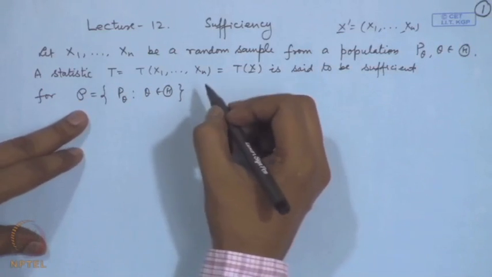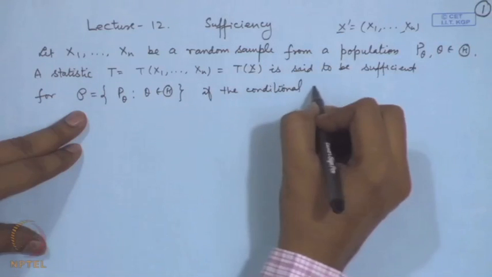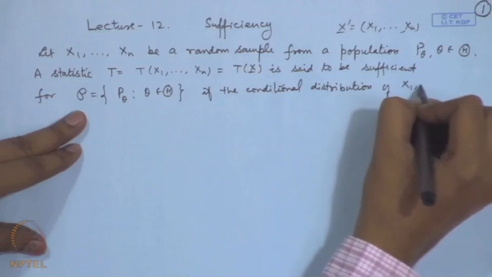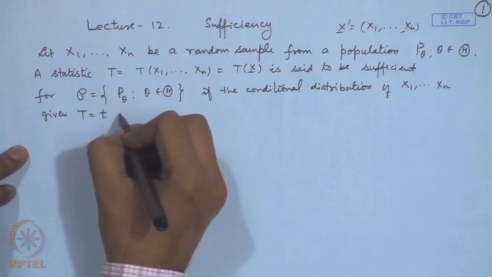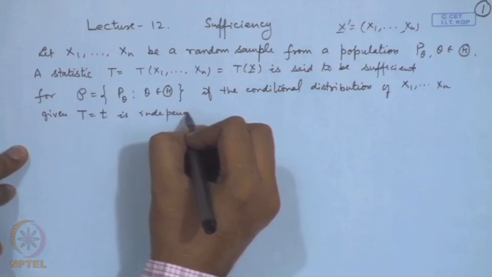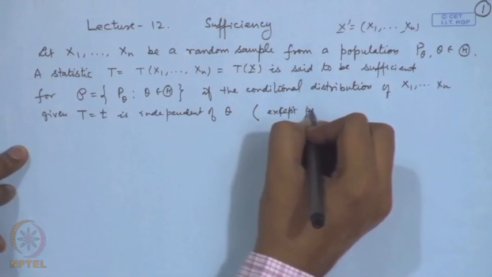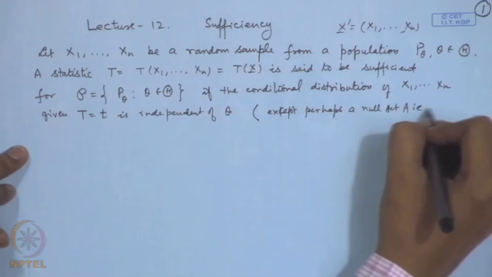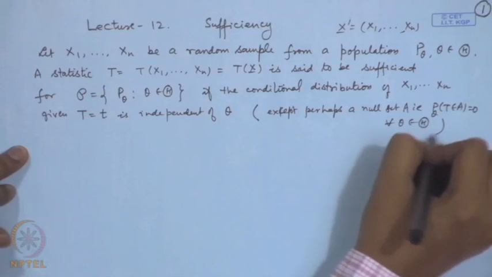So, this is said to be sufficient if the conditional distribution of x 1, x 2, x n given t is equal to say small t is independent of theta, of course, except perhaps on a null set A, that is on a set A where t takes probability 0.